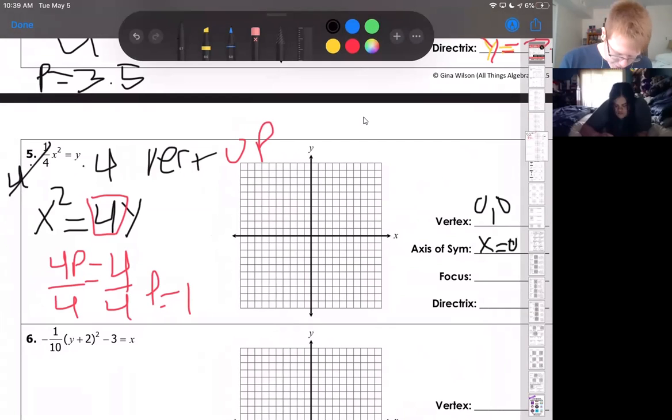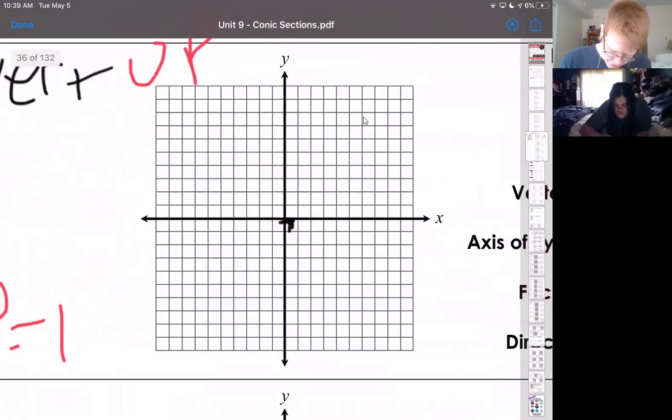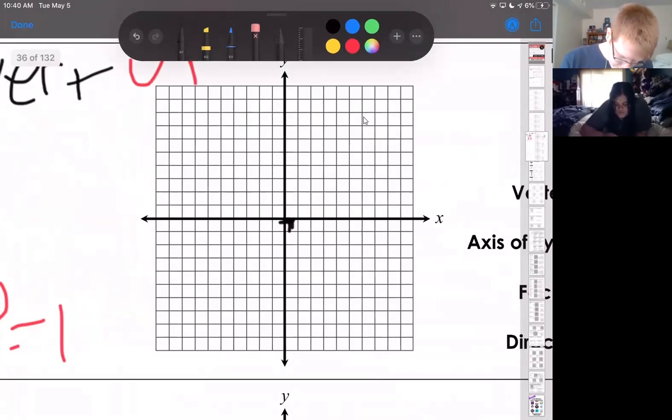So we're ready to graph. If you graph this, you would just go to 0, 0, put a point. And since it's vertical, here, let me zoom in a little. Since it's vertical, you're going to go up and down our p-value, which was 1. And we said our parabola is going to open up.